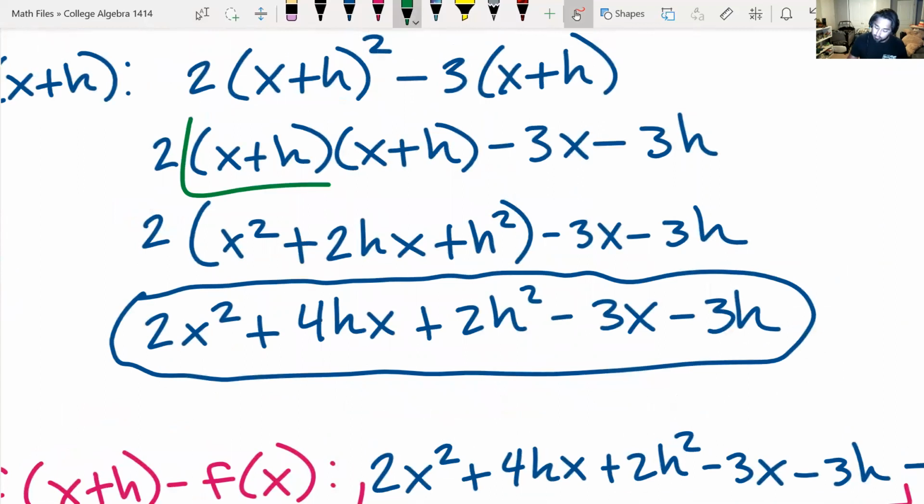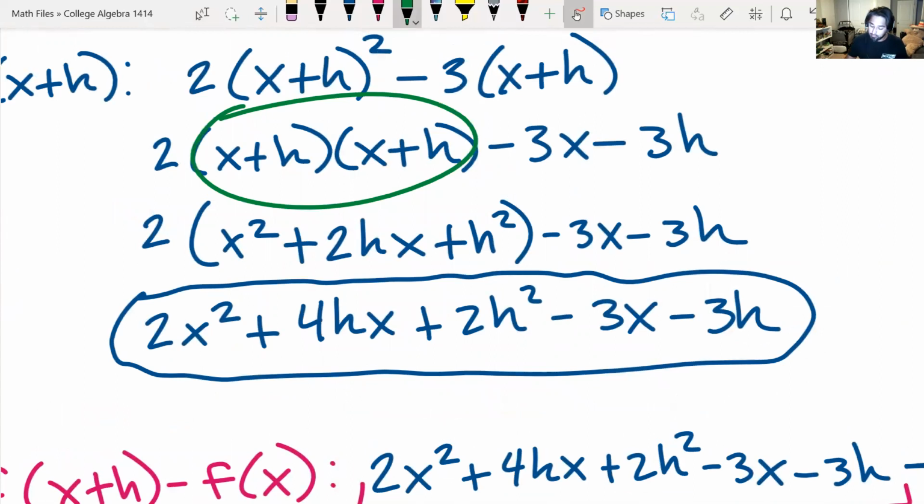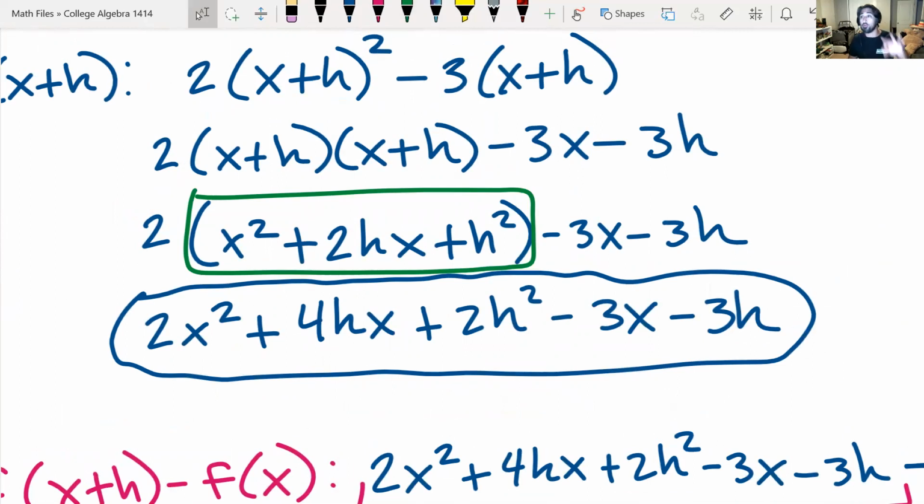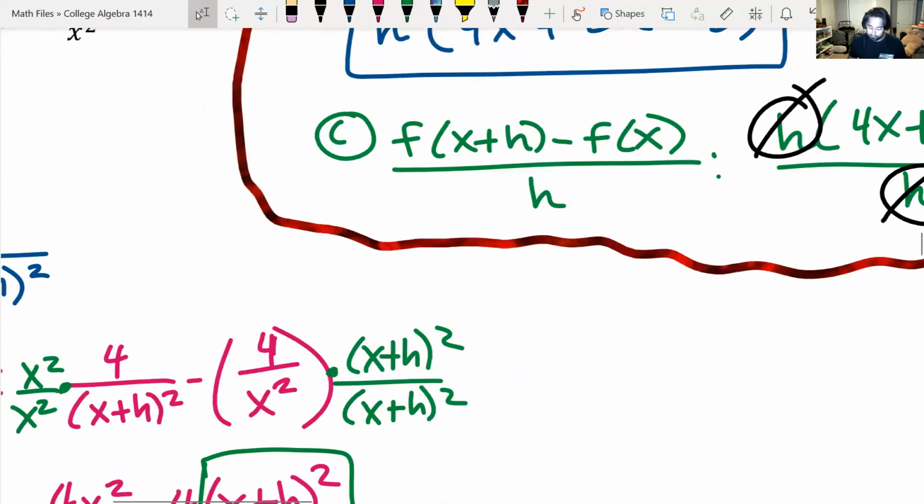Well, it'll expand to this, but it will always foil to that. Always, no matter what. So just keep that in mind. It will save you time. That was not a rhyme, or was it?